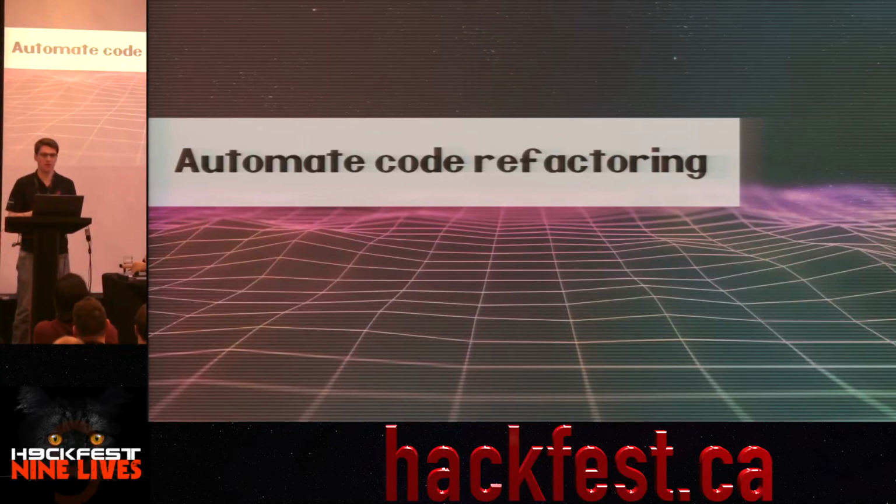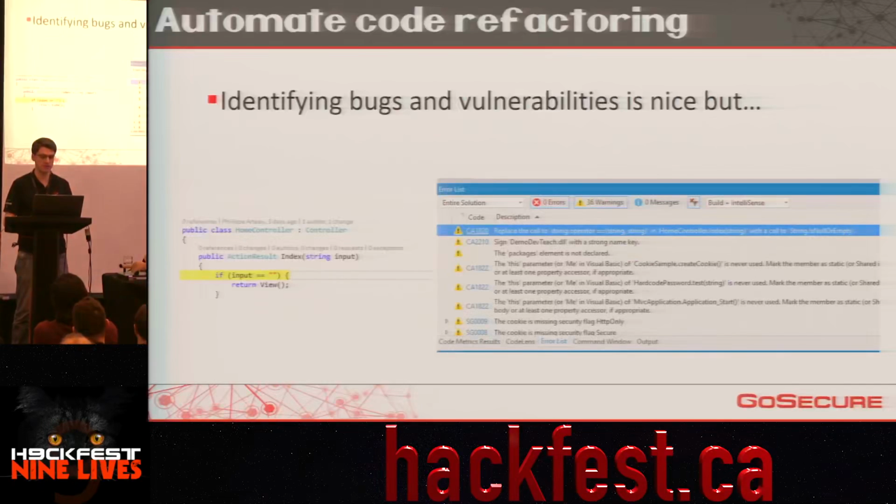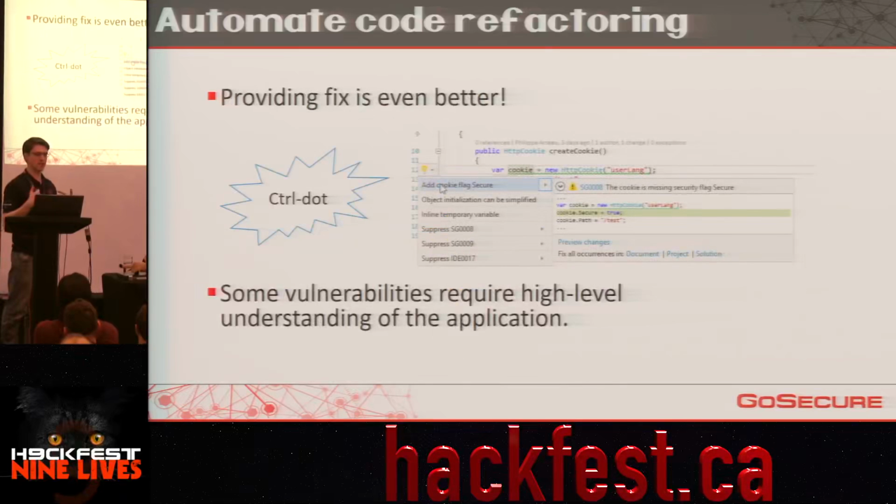A bonus I wanted to add: I'm developing an extension for Roslyn for .NET applications. An interesting concept with Roslyn is that you can identify vulnerabilities that will be displayed in Visual Studio. This is one example that is not a security bug, just to show you the basic integration. But you can also build refactoring code fixes.